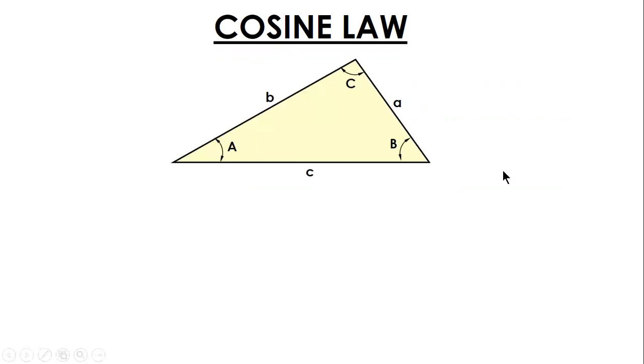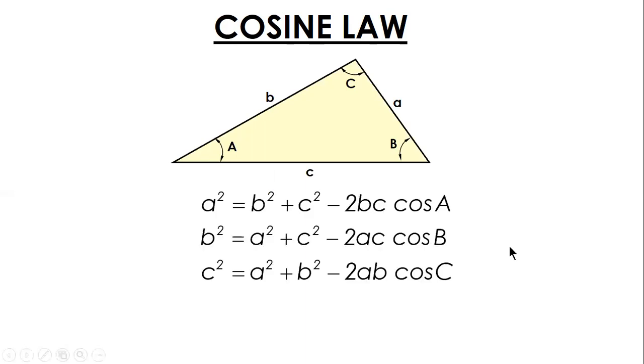Okay, let us have this simple triangle. Now, in a triangle, there are 6 parts, 3 sides, and 3 interior angles. For the 3 angles, there is no 90 degrees, there is no right angle, so it is oblique. The formulas for cosine law are the following. Although there are 3 formulas, this can be summarized into just one formula.